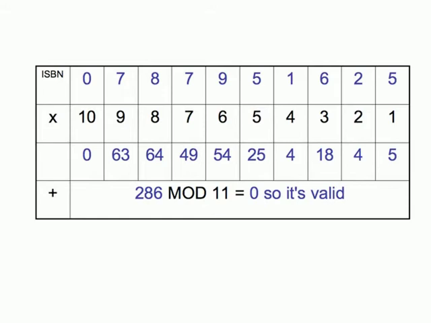Now all of these products are added up to give a grand total. If that total is evenly divisible by 11, then the checksum was valid. If it's not evenly divisible by 11, then the number wasn't valid. Now this mod 11 is in fact a bit of a problem though, because it may happen for this to work out that you need the last digit of the ISBN to be 10.